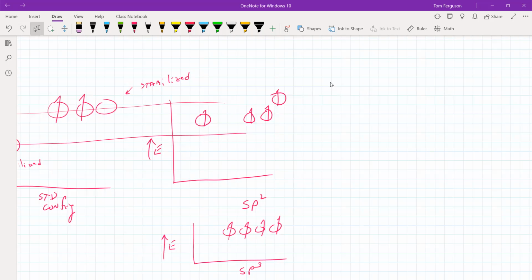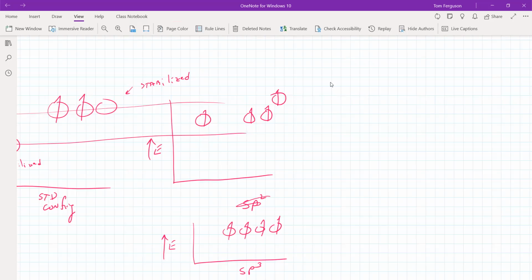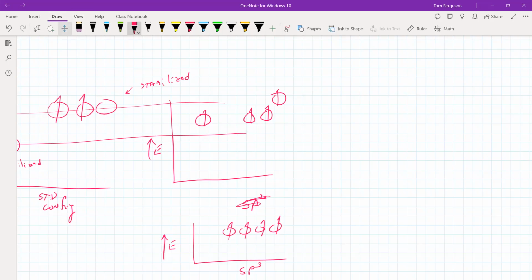Okay, so we've got sp2 and sp3, which is more stable?